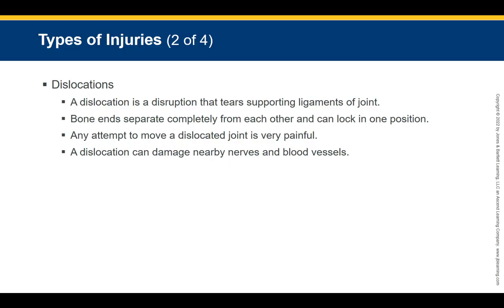It's definitely going to cause pain of extraordinary measures, and we don't want to try to put it back where it belongs because it could damage nerves and blood vessels and so forth. So in the event of a dislocation, it doesn't look like it's broken, no jagged this or that. I'm just going to splint it in the position found and make sure that the transporting EMS understands what's going on there.